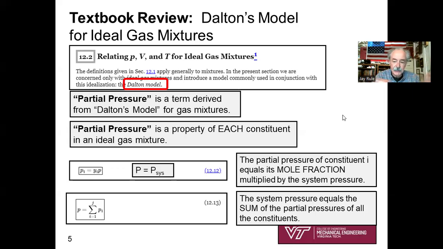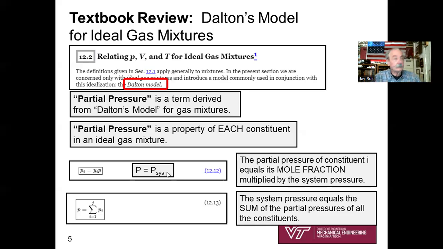not the mixture itself. For example, in the book we'll call P the pressure of the system, capital P or little p. Here in equation 12.12, here's P over here on the right side of the equation. In my world, that's capital P, and I call that P of the system.